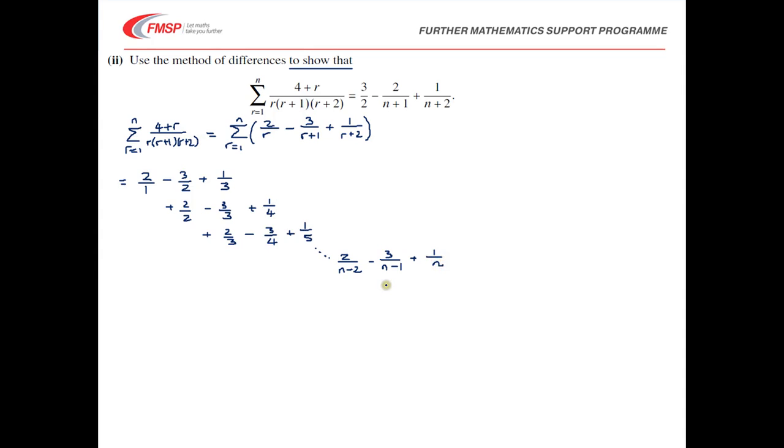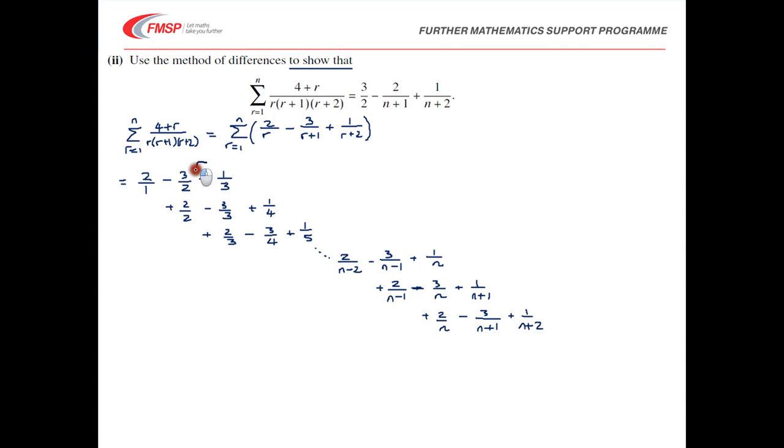And then r equals n minus 1, plus 2 over n minus 1 minus 3 over n plus 1 over n plus 1, and then r equals n, plus 2 over n minus 3 over n plus 1 plus 1 over n plus 2.